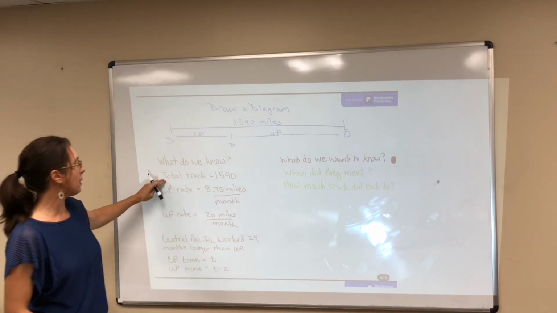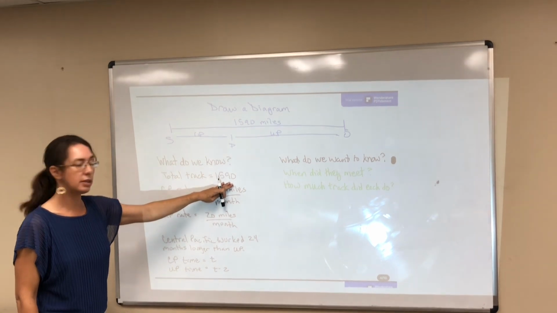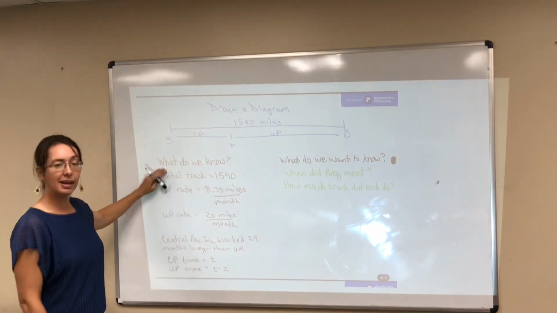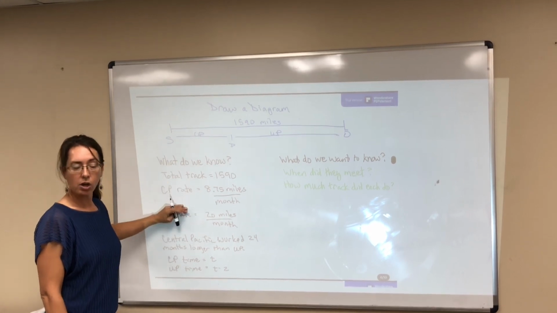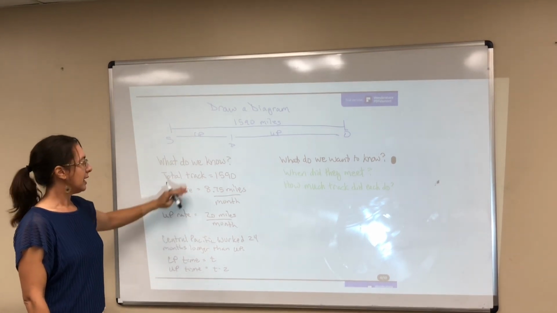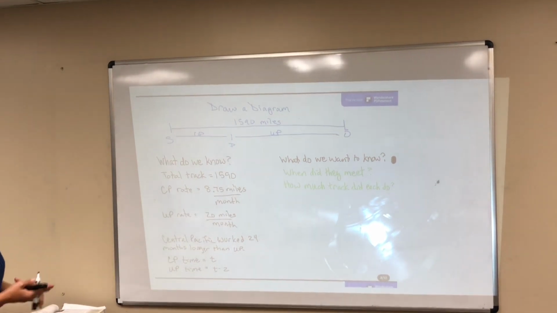So right away I know my total amount of track was 1,590 miles. So I'm writing that down. So we're just getting information out of the book onto our page in math terms. Okay, so now I've got two fractions and a total.